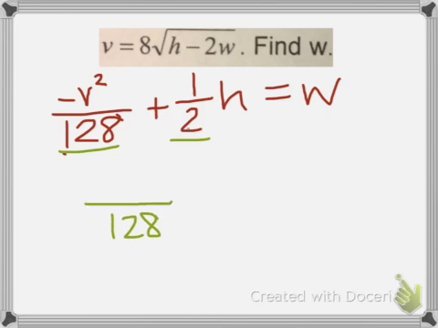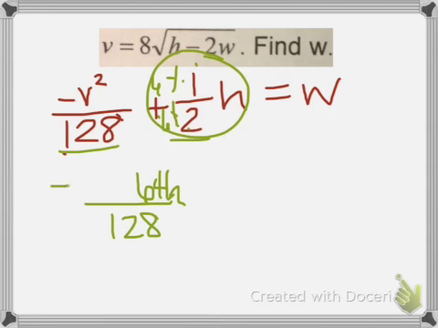And I need to change this fraction over here by multiplying the bottom and the top by 64. And I will get the 64h. That's how this fraction will change. And then, of course, the negative v squared is still there. So you could also see it written this way.